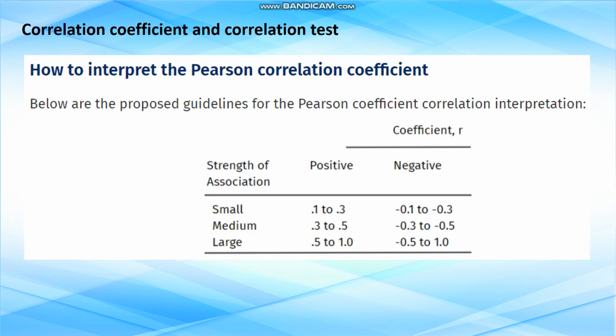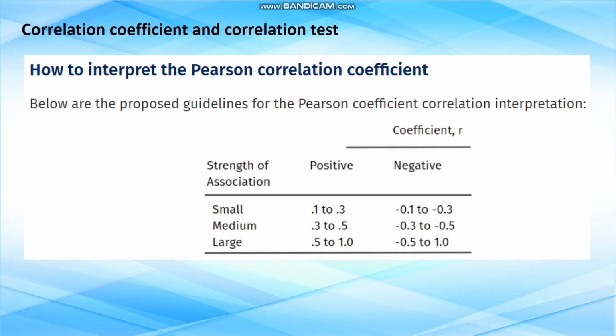So, how to interpret the Pearson correlation coefficient? Below are the proposed guidelines for the interpretation. You can see the level of strength of association: small, medium, and large, and you have positive values and negative values.